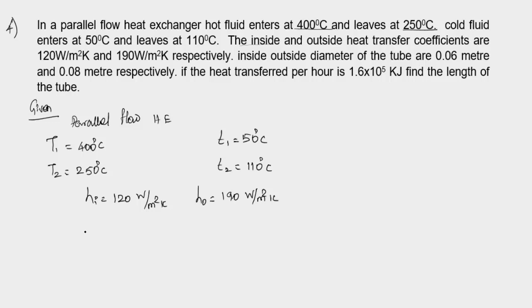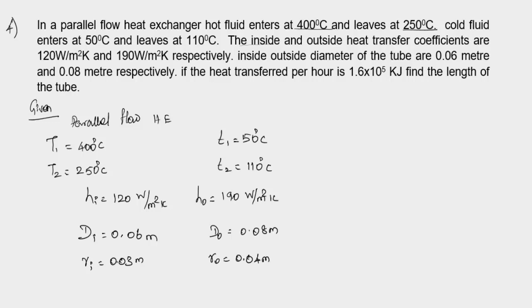So inside diameter Di equal to 0.06, so Ri equal to 0.03 meters. Outside diameter D naught equal to 0.08 meter and R naught equal to 0.04 meter respectively. If the heat transferred per hour is 1.6 kilojoule, find the length of the tube.